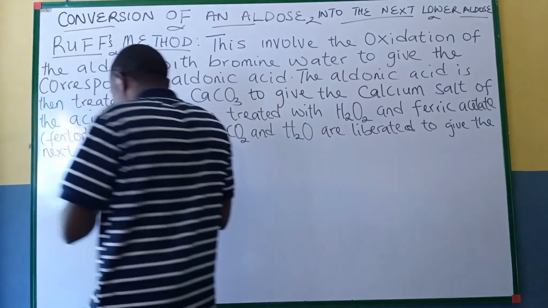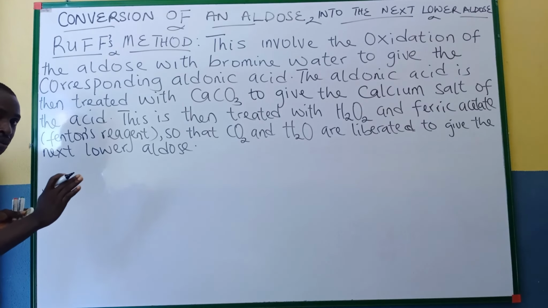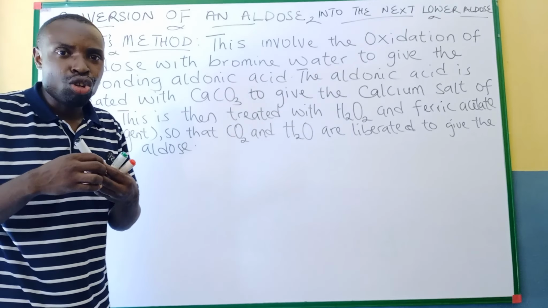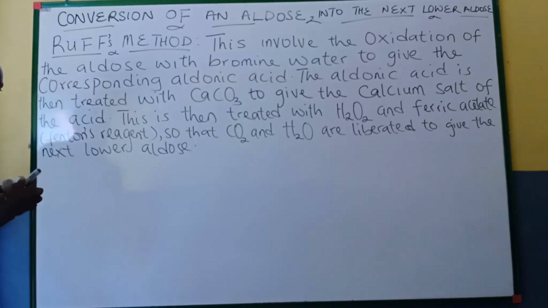Now the reaction mechanism is as follows. Very simple. First of all, we want to convert a D-glucose to a D-arabinose. And the step mechanism is as follows.